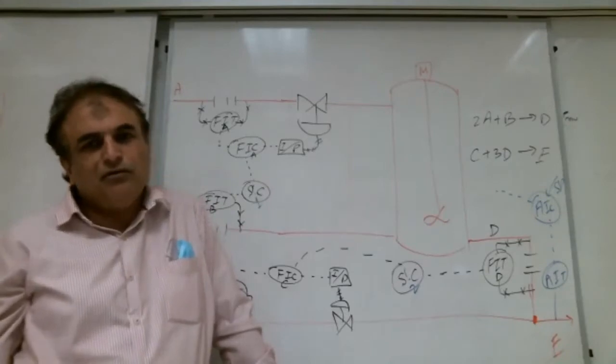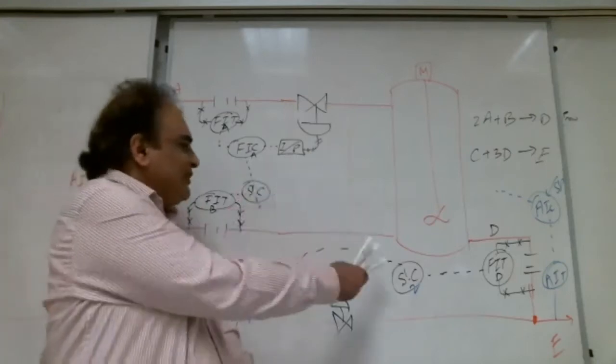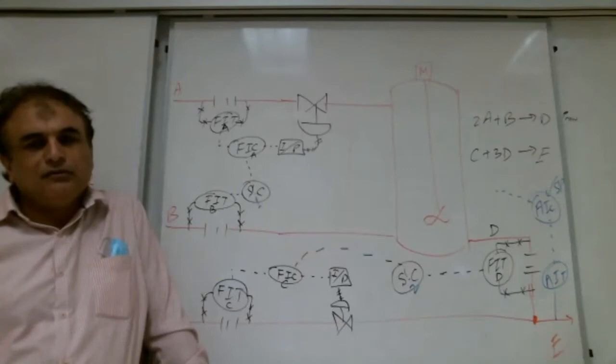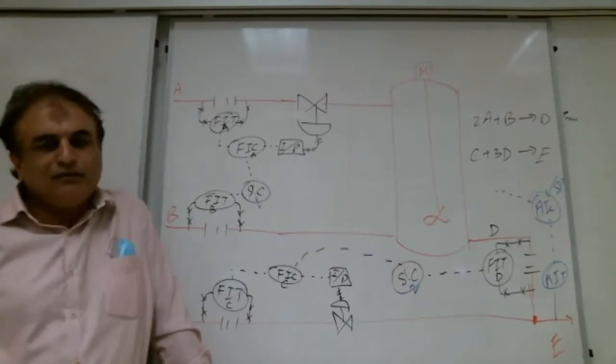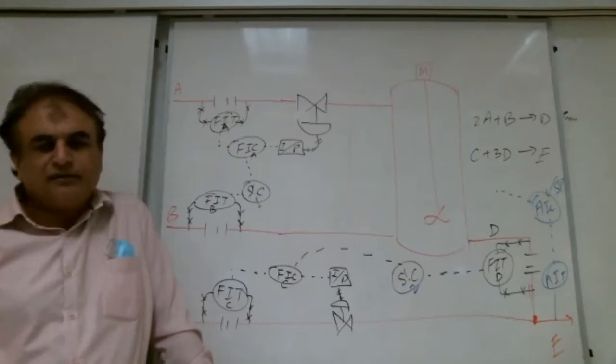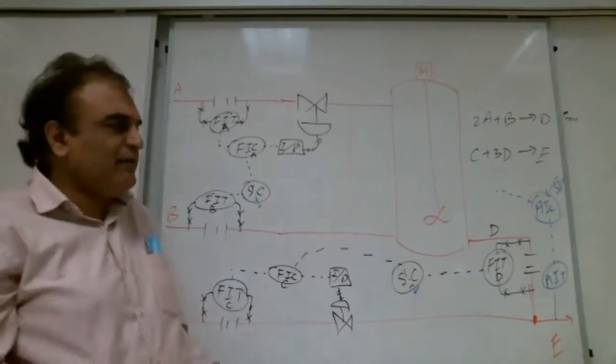No. So which one is the primary importance? Signal calculator 1 or signal calculator 2? 1. Brother Hussain is writing 1. Which one is the primary important? 2A plus B. 1 is the primary important.